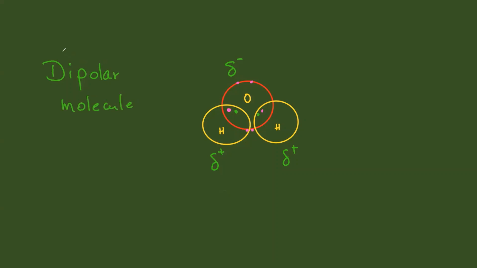Di means 2. It means that the water molecule has 2 poles. One of them is slightly negative and the other one is slightly positive. So when I describe the water molecule, I say that it is dipolar.